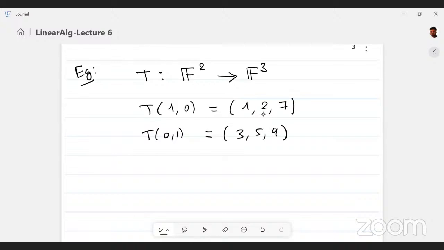If you take the standard basis here, it will look like E1, E2, E3. What is Ei? Ei is (1, 0, 0), with 1 in the ith position and 0 elsewhere. Here I am writing everything in row form, but you can also take column form; that is not a problem.